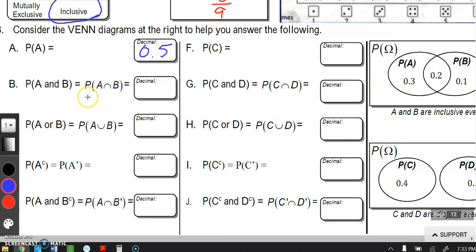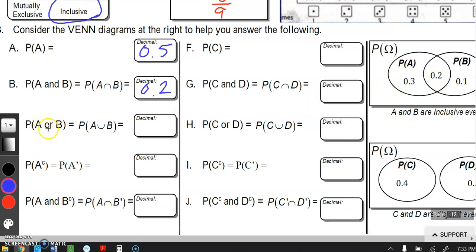Okay. The next one is the probability of A and B, or remember, the intersection of A and B, and that one is just 0.2. It's the stuff that's in between right here.